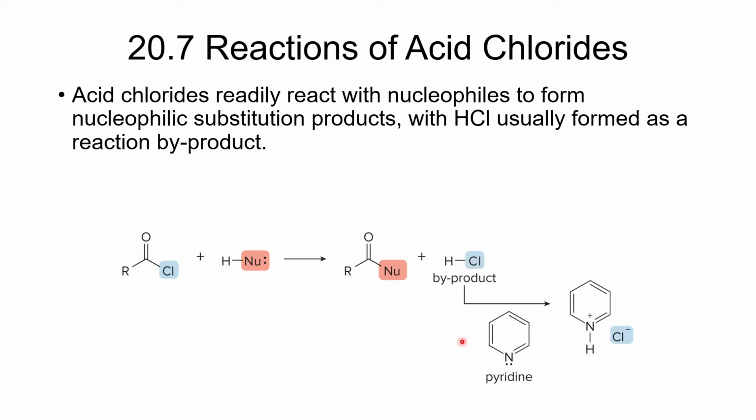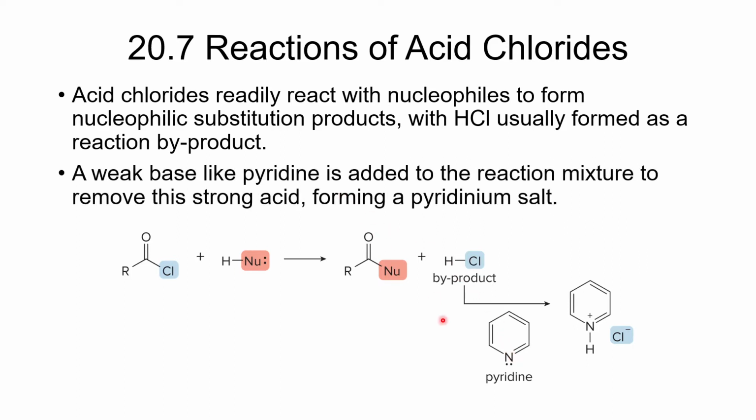And then in practice, we typically add something like a weak base, typically pyridine. Pyridine's good because even though it is somewhat nucleophilic, it's a really good leaving group once you make it a nucleophile. So pyridine is a good choice, and it helps to soak up any HCl that we might make. So that's the generalized reaction.